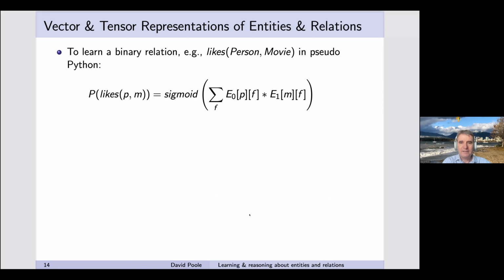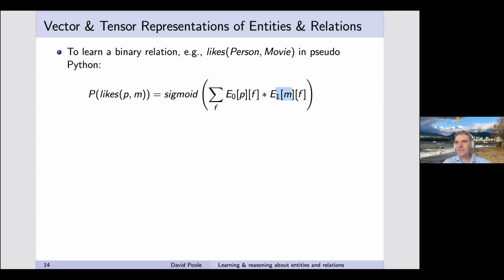So here's a standard way to do a binary relation like likes(person, movie). Here's a typical way to do this, in pseudo-Python. There's an embedding for the person over these features, and there's an embedding for each movie, and we sum the product over the features.